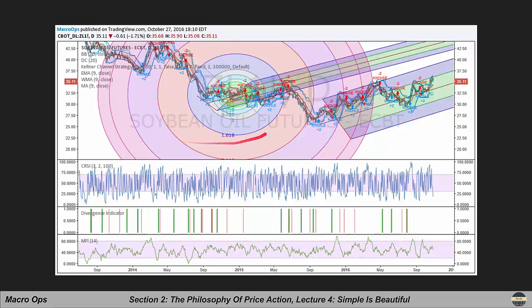Like this circle here, what is this? But people do, I guess. That's why they have them on the platform. But this is not operational efficiency. There's no way that you can take this and easily find out what's going to happen to this particular asset. It's just way too complicated, and there's absolutely no way to easily look at this chart and say, this is what soybean oil is expected to do.